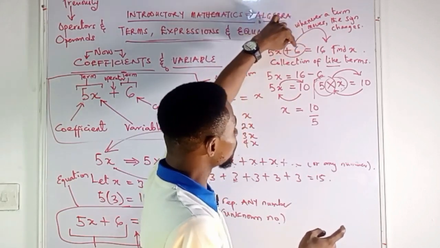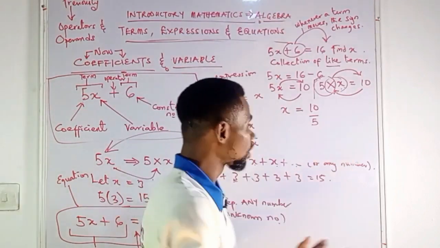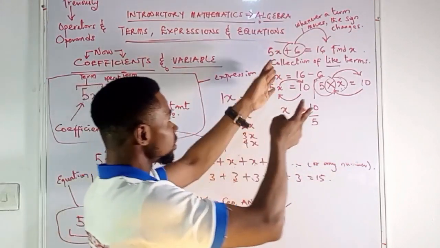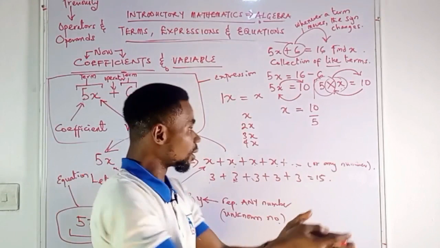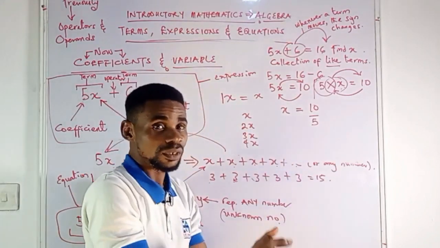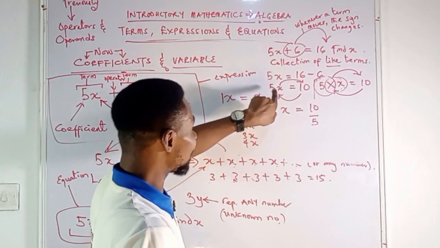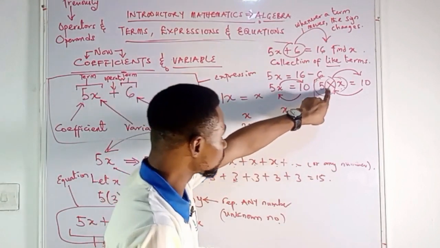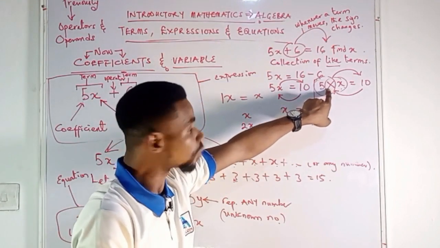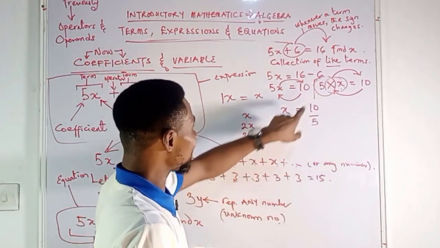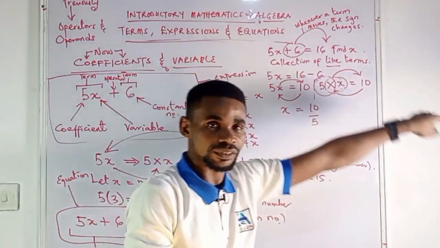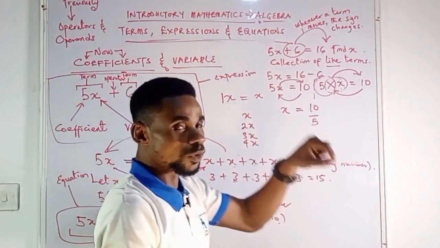The number that follows the operator owns it. I'm going to clarify this in another example, but in this particular example, just know that both 5 and x are entitled to this multiplication symbol. So by the time any of them goes to the other side, they will go in the form of division.